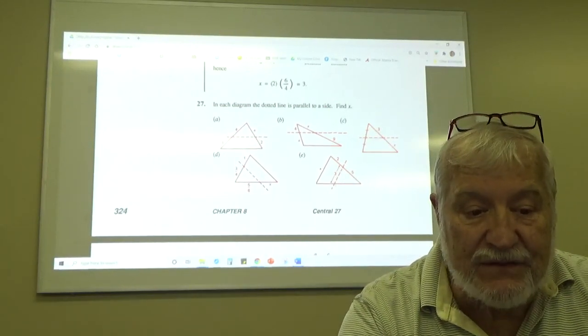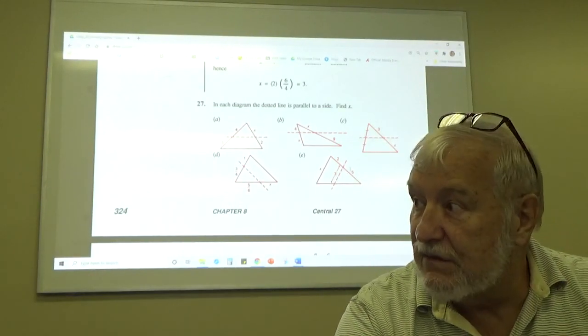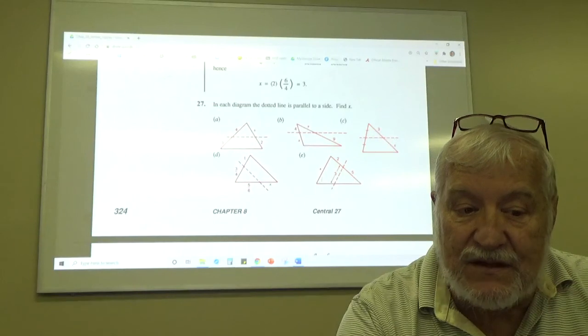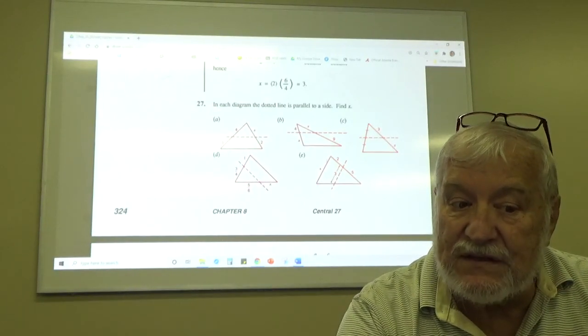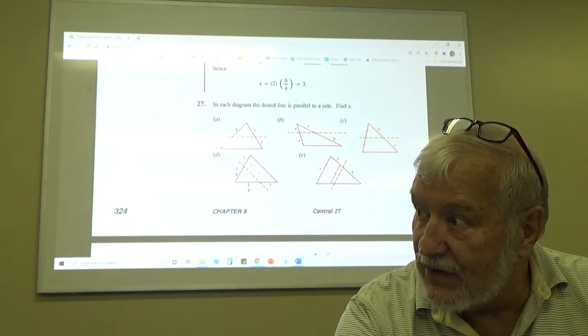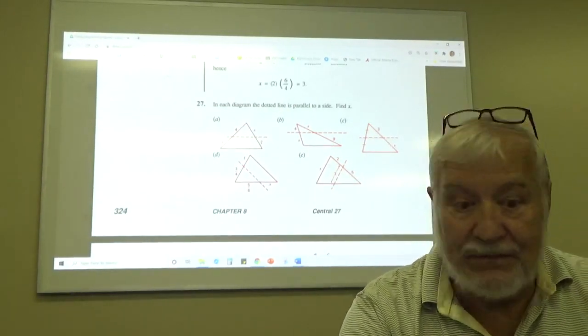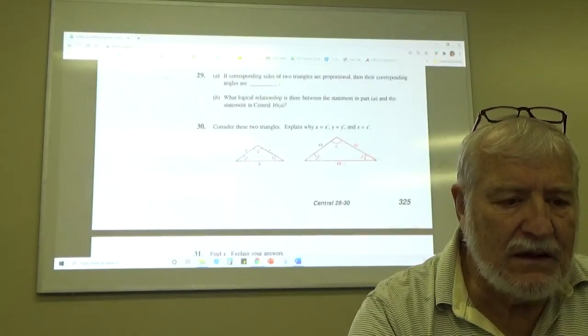So the base of the tiny triangle is 3, and the side is 5. The base of the large triangle is x, but the side is 7. And if you use the 2, it messes it all up. Okay? All right.